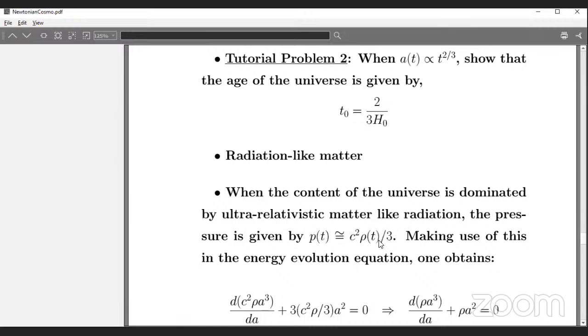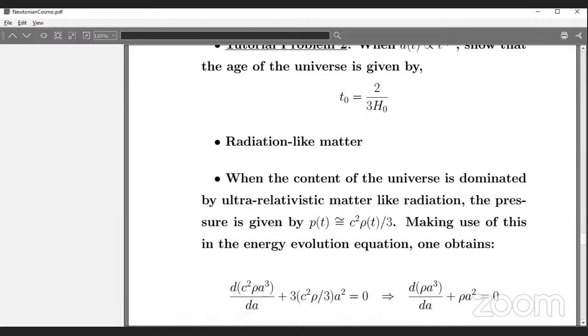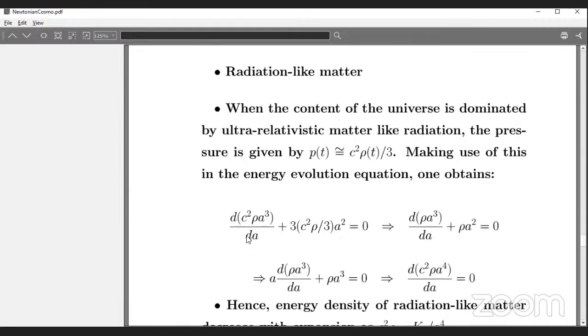So if we substitute for the pressure c squared rho divided by 3 in the energy evolution equation, we get d by dt of the energy density times a cubed equals minus 3 times the pressure, which is c squared rho by 3. So this 3 will cancel. I get the equation d by dt of rho a cubed plus rho a squared a dot equal to 0.